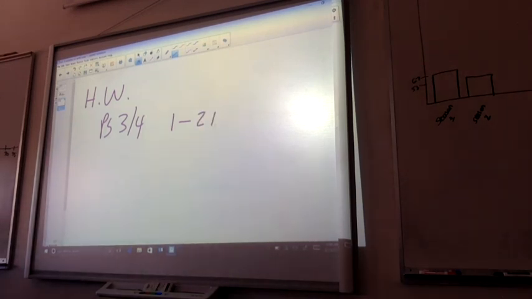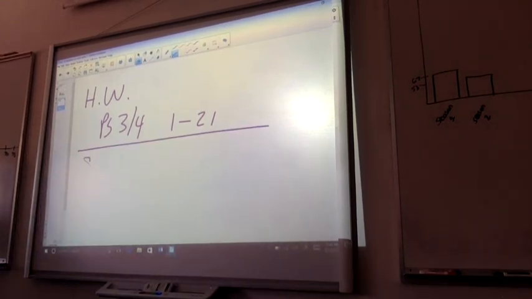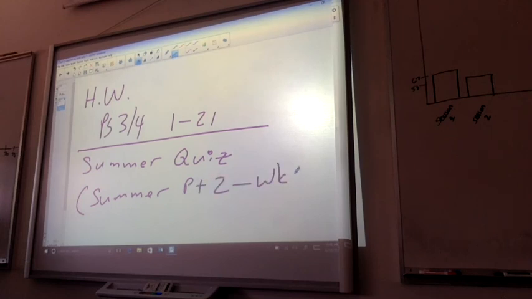While you're working on that, I will start passing back your summer quiz. Look at it, see how you did. I will then give out the summer quiz part 2, and that's what you need to work on over the weekend.